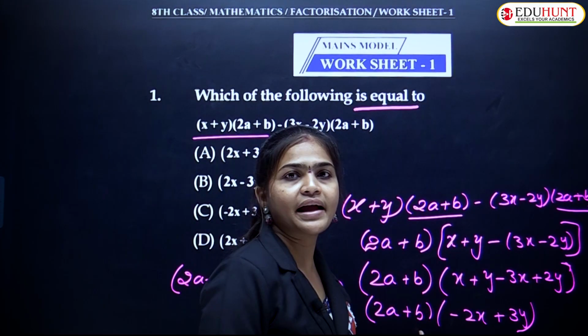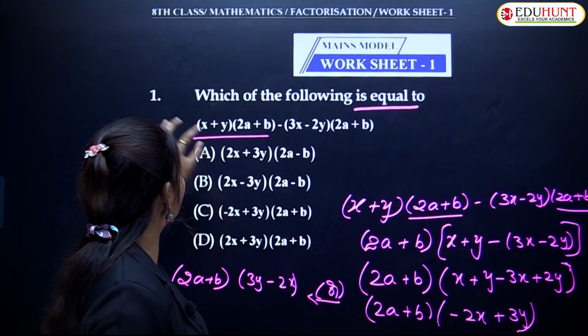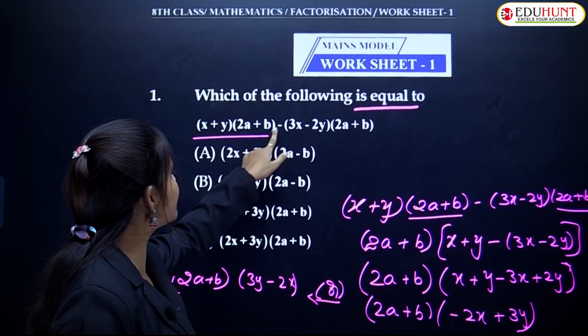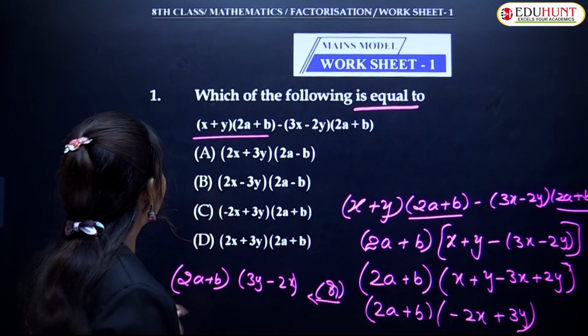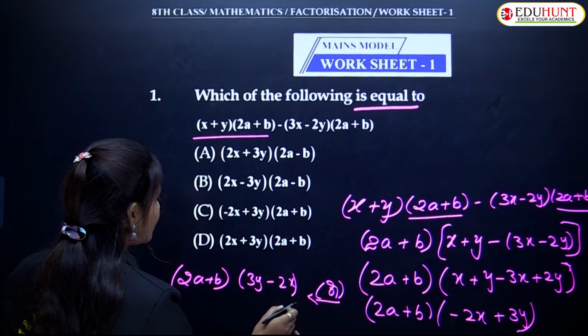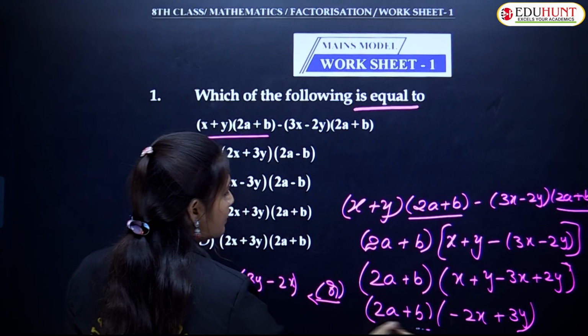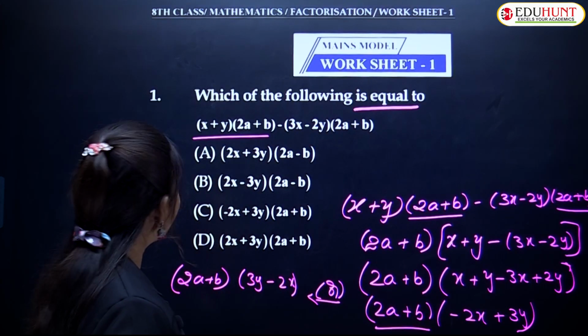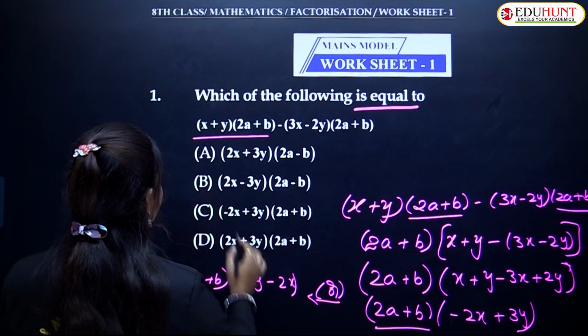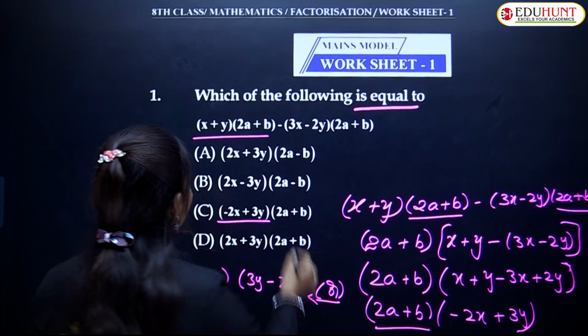These two are the factors of the given expression, x plus y into 2a plus b minus 3x minus 2y into 2a plus b. Clear ma? So 2a plus b into 3y minus 2x, or else 2a plus b into minus 2x plus 3y. Which option is correct here?